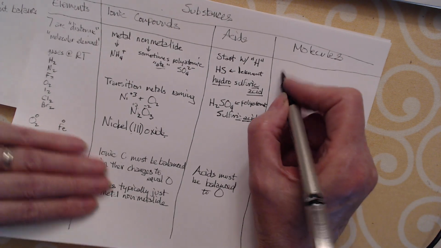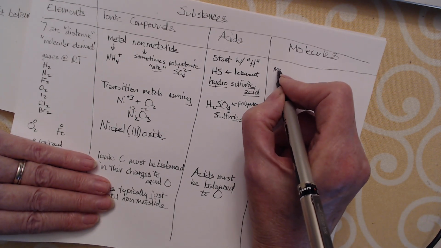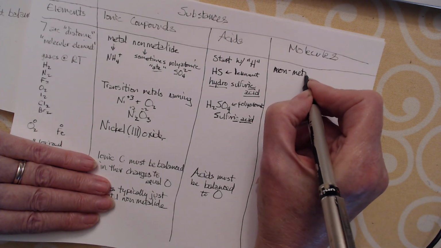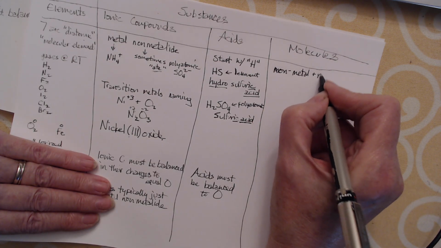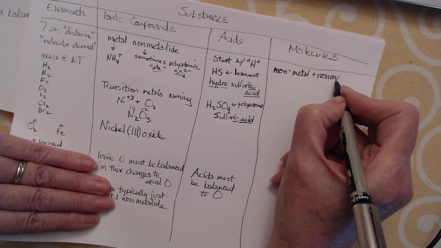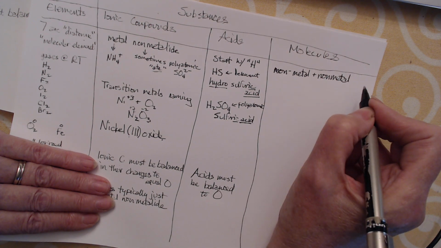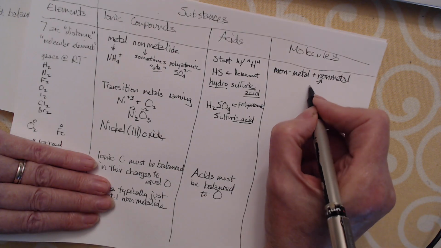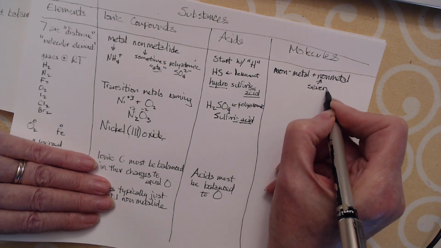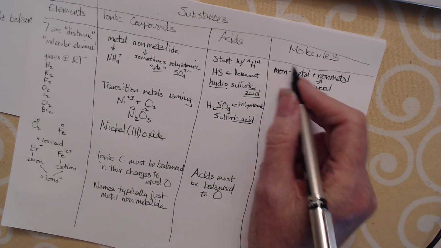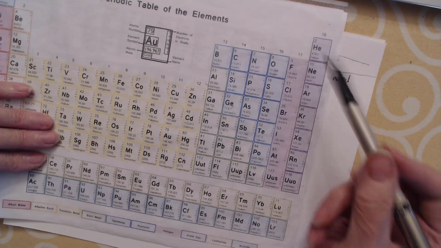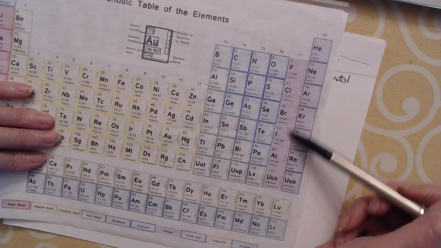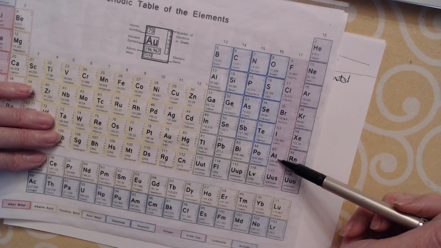And next we go to molecules. And molecules are, whoops, I didn't write this very well, sorry. Non-metal plus non-metal. All right, so there's no metal present in a molecule. All right, and it doesn't necessarily have to be just one, it could be several. And so when I talk about molecules, I'm always over here in the blue and this pink in my periodic table.